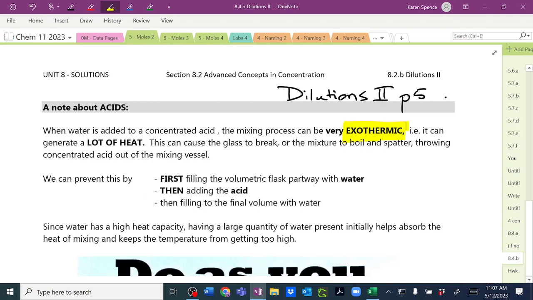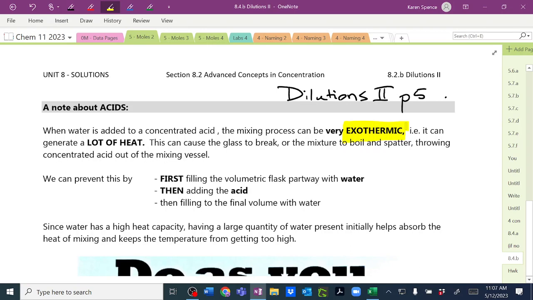Or it can cause the mixture to boil because it's released so much heat so fast that it spatters upwards, and you're dealing with concentrated acid. So it's not good, okay? I'm actually exaggerating. This doesn't really happen that much, but it's something you're expected to know. You won't be working with acids that concentrated, but you have to worry about it.